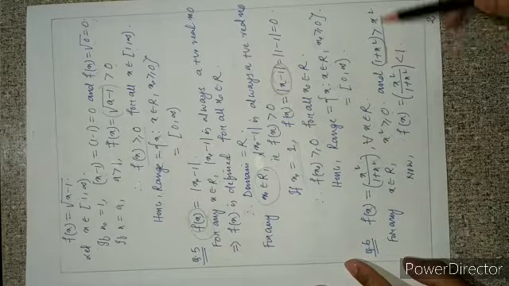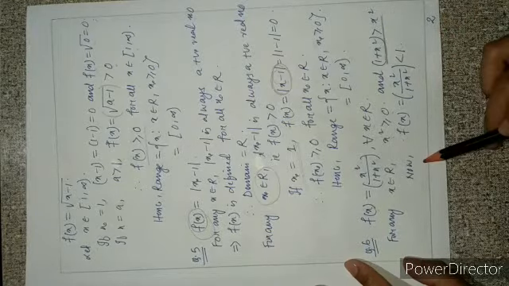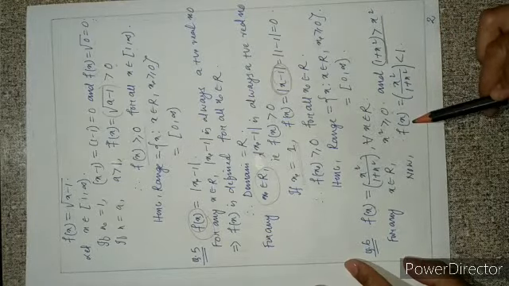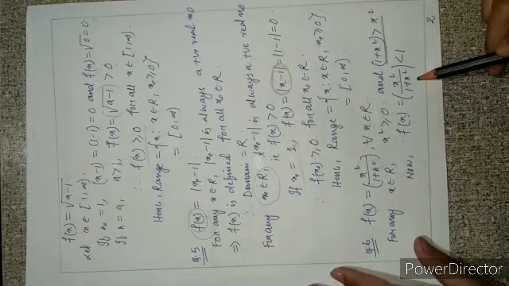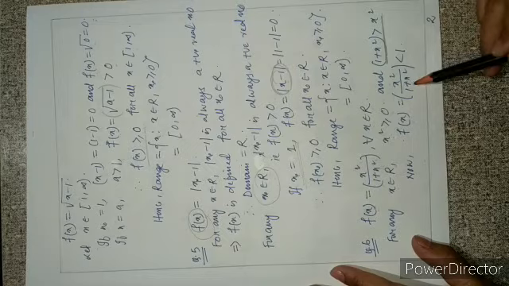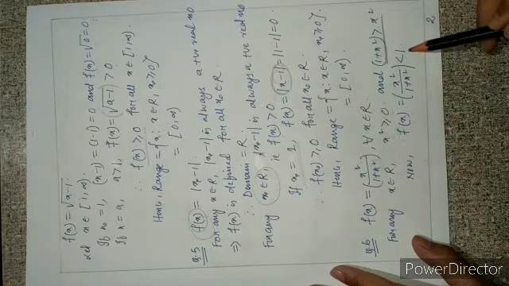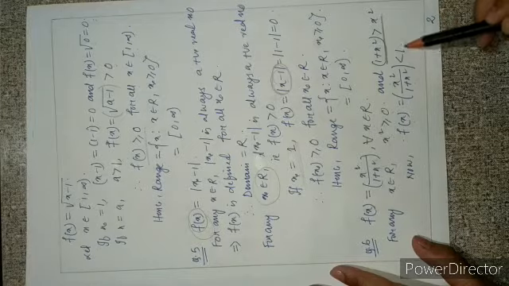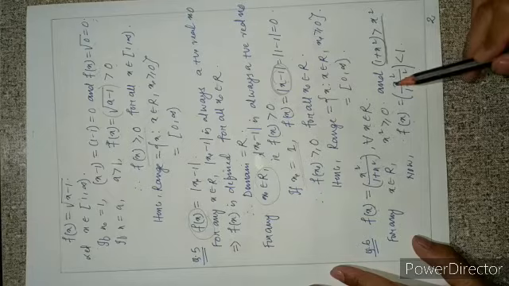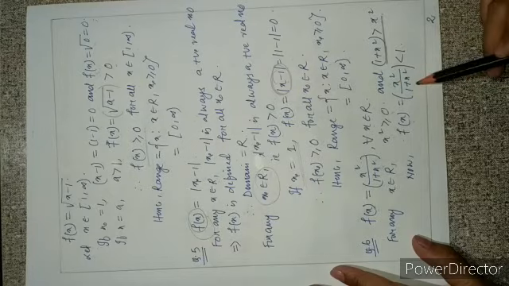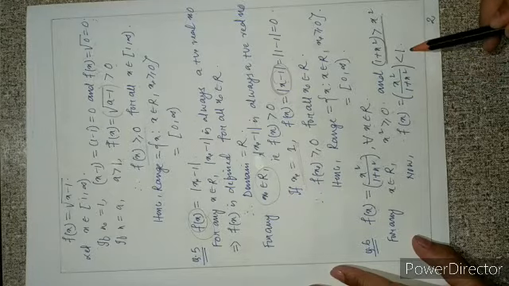Since f(x) is given by x square divided by 1 plus x square, the denominator is greater than the numerator, so its quotient is always less than 1. Since 1 plus x square is greater than x square, the division of x square by 1 plus x square is always less than 1.